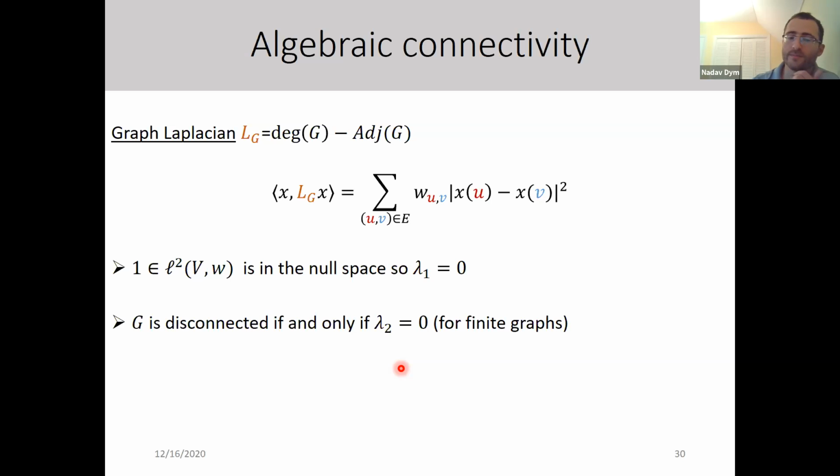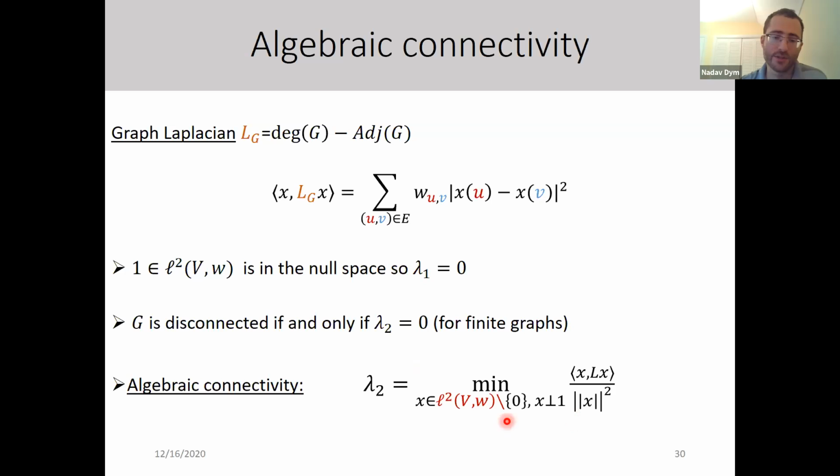So based on this, it seems natural to measure how connected a graph is in terms of how large lambda 2 is. If it's 0, the graph is disconnected. If it's small, the graph is maybe almost disconnected. And so we have this notion of algebraic connectivity, which we can define in this way: it's what minimizes this term over all vectors which are orthogonal to the constant vector, which is always in the null space.